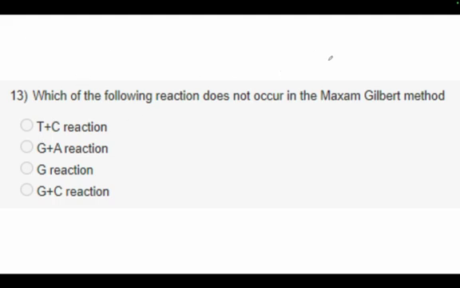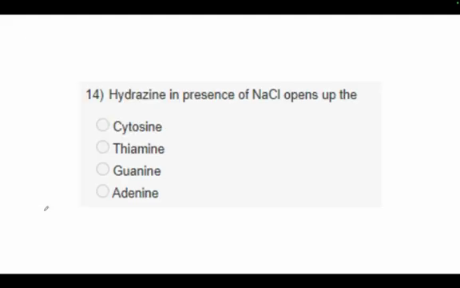Which of the following does not occur in Maxam-Gilbert method? Right, so in Maxam-Gilbert method, there is no G plus C reaction. Right? All these others take place, but there is no G plus C reaction. Hydrazine in the presence of NaCl. Okay, so this is one of the Maxam-Gilbert reactions. Hydrazine in the presence of NaCl opens up cytosine. Right?